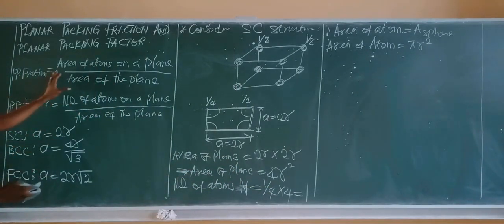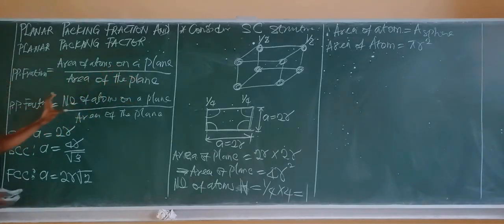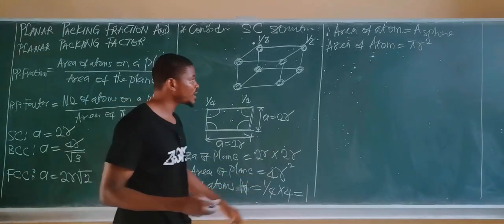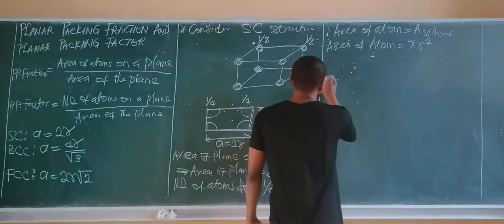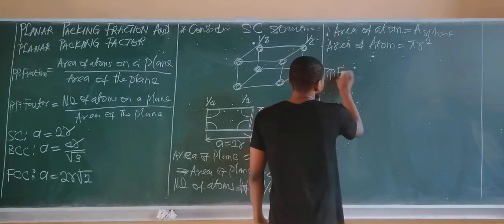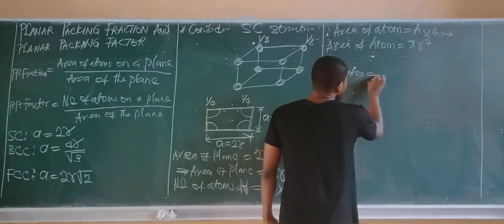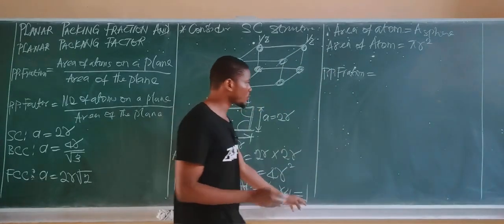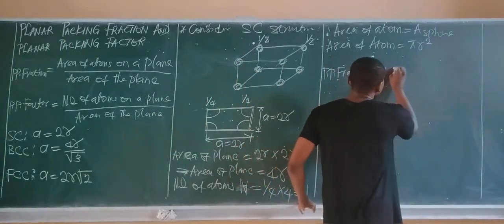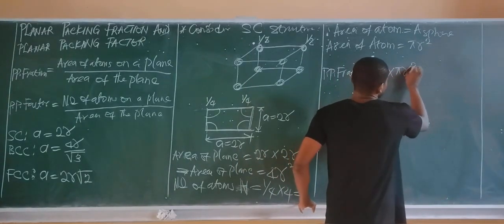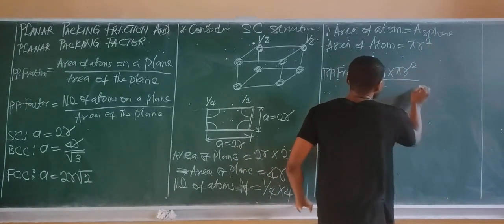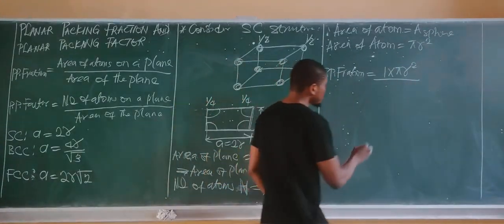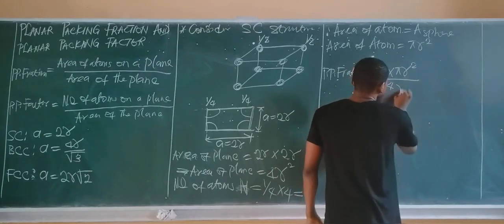Planar packing fraction is the area of the atoms on the plane all over the area of the plane. We found out that the area of this plane is 4r squared. Therefore, planar packing fraction is equal to the area of the atoms. We have just 1 atom, remember, just 1 atom. So that atom is 1, and its area is pi r squared, as we've explained, all over the area of the plane, which we obtained to be 4r squared.